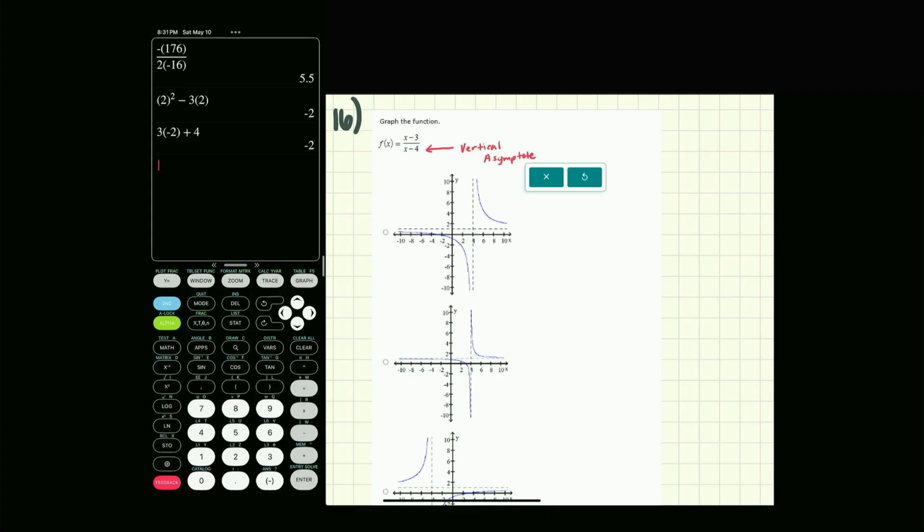So let's figure that out real quick. If we set the denominator equal to 0, that gives us our vertical asymptote. If we solve it, that's going to be x equals 4. So we should have a vertical asymptote, or an invisible vertical wall, at x equals 4.